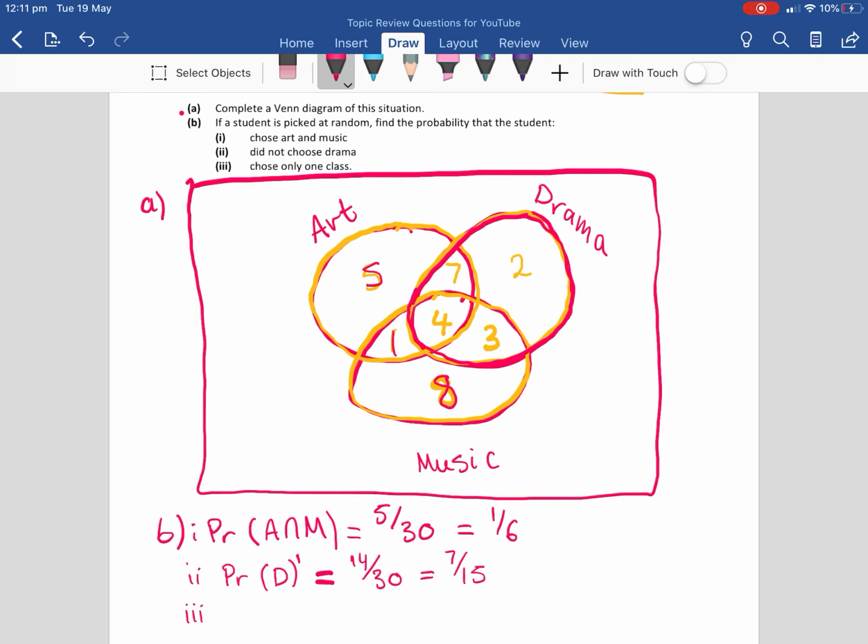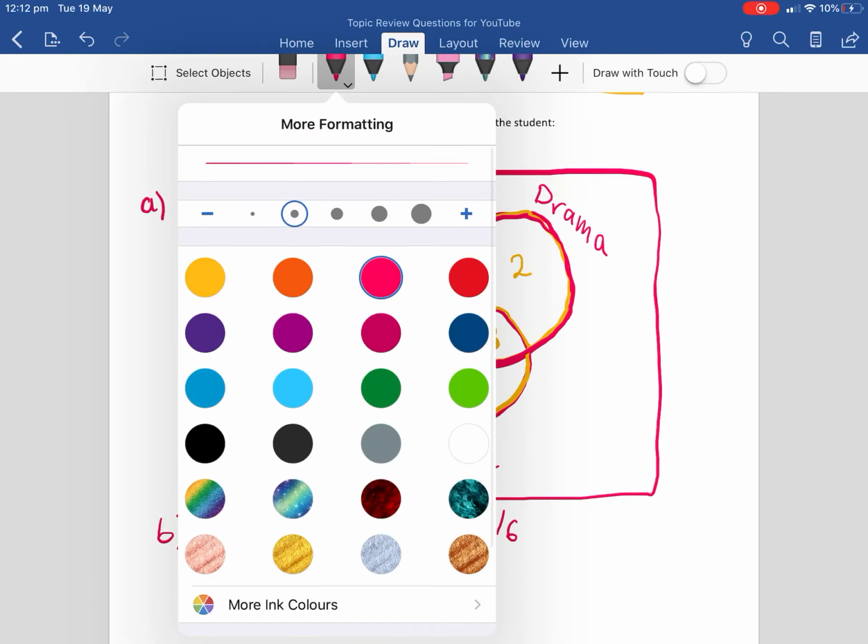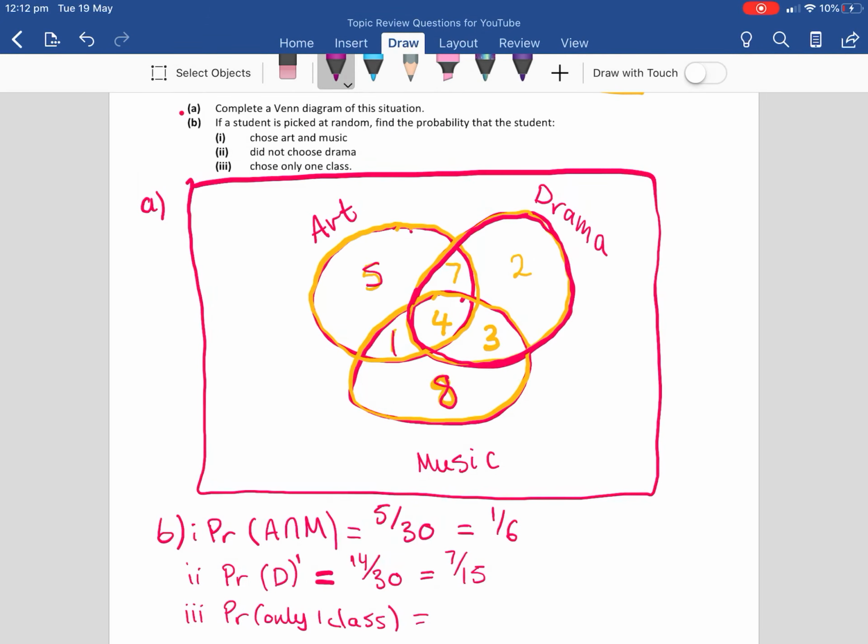And number 3 says chose only one class. Probability of only one class equals. Let's grab a different colour. So 5 people chose only art, so they only chose one elective.